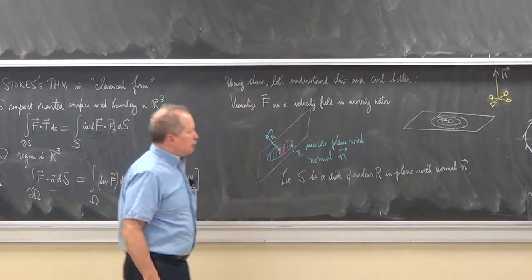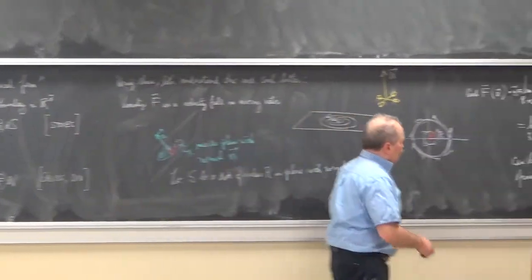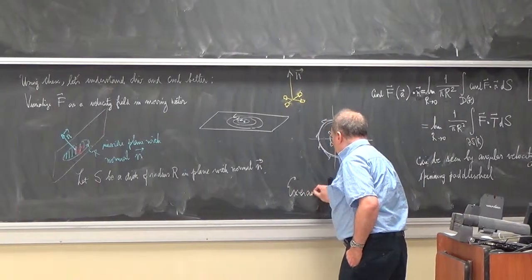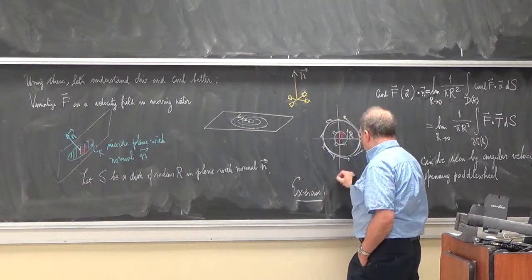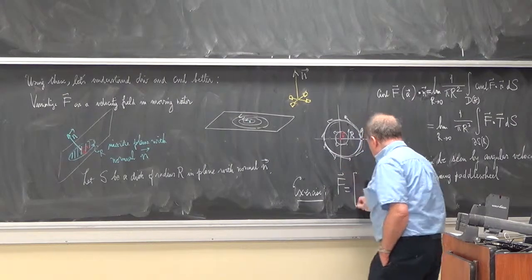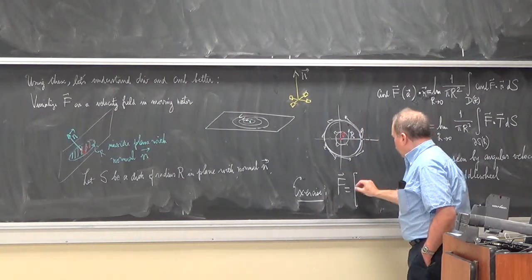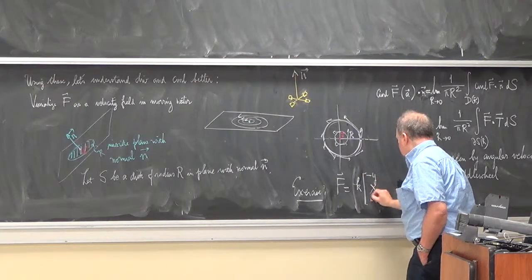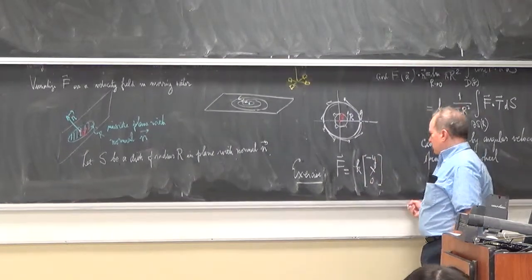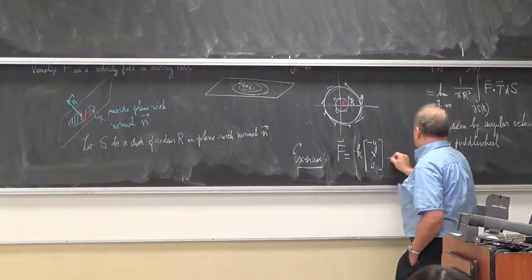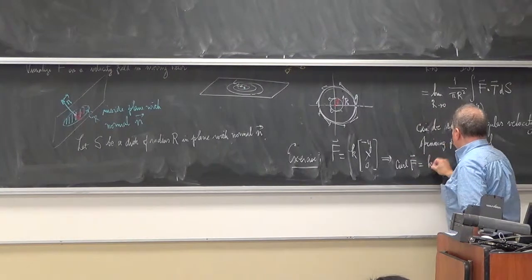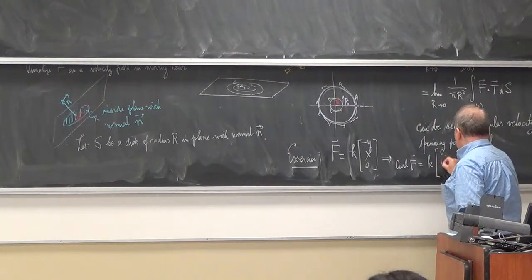And the thing I showed you yesterday is the exercise, but I actually did this at the end of class yesterday. If you take f to be the vector k times negative y, x, 0, then the curl of f is k times the vector 0, 0, 2.